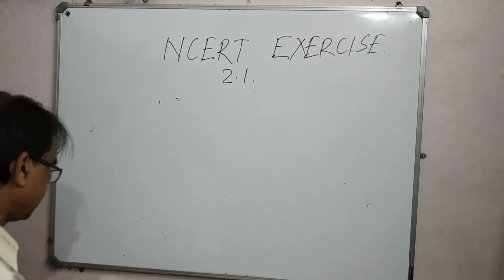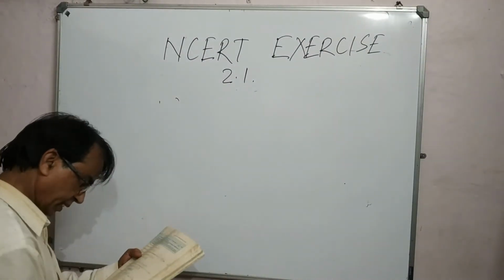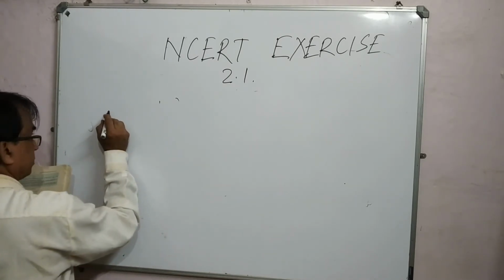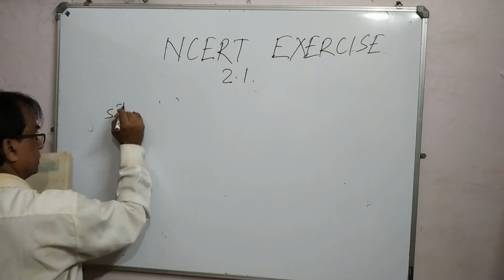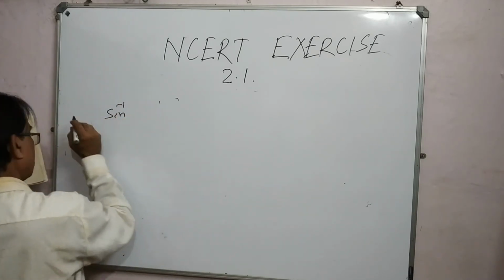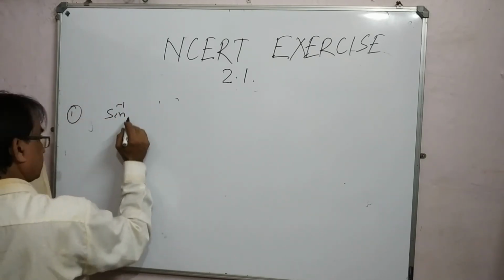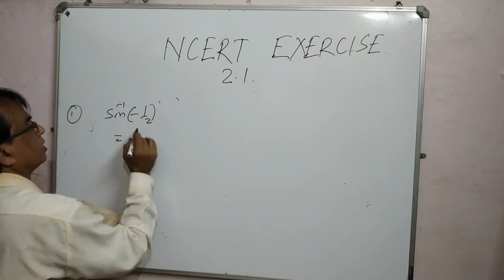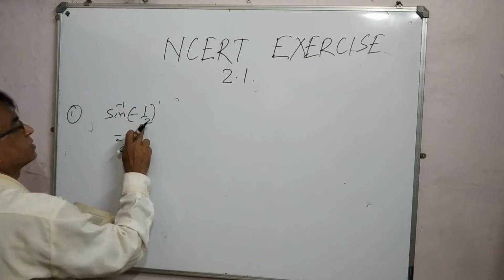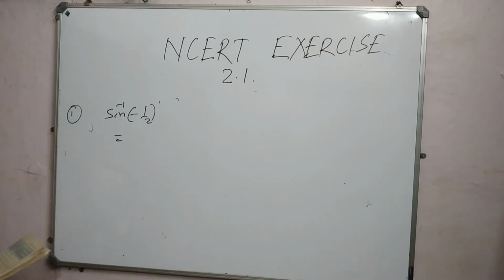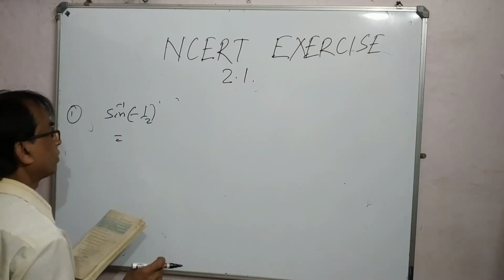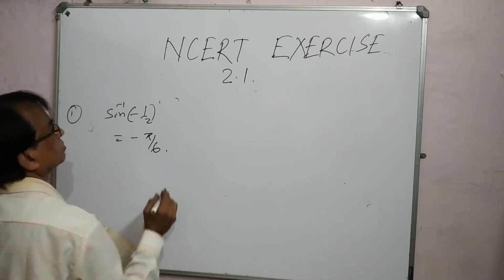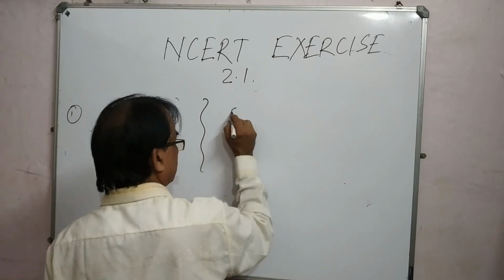If you come to the NCERT problem, question number 1 of the exercise, sine inverse minus 1/2 is equal to how much? Now this x is negative and it is in the fourth quadrant, and it becomes negative, meaning -π/6. In another way you can prove it.